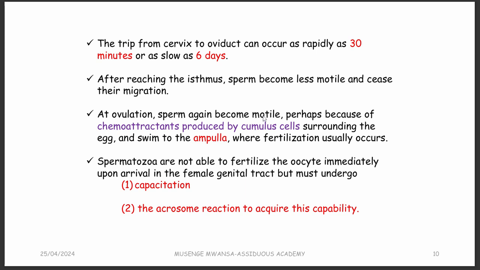They will gain motility after ovulation because the egg that has been released starts to attract the sperms. It has got chemoattractants. Remember, the egg has cells which surround it, which we call the cumulus oophorus cells. Those have a chemoattractant nature that will attract the sperms, and then they'll be able to swim to the ampulla where fertilization usually happens.